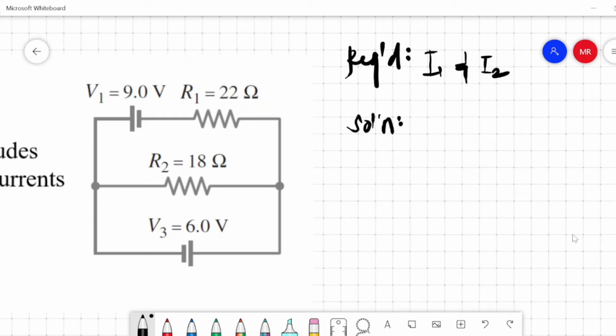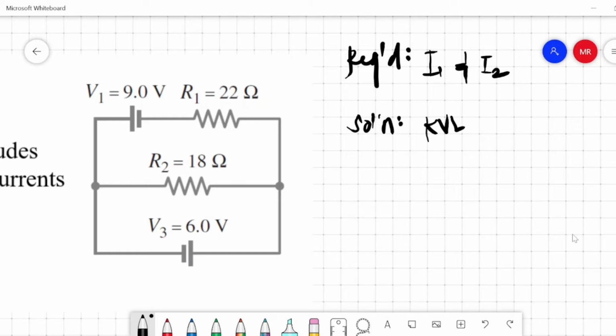Before we solve this problem, we first need to assign the positive and the negative terminals for this circuit. So we need to use Kirchhoff's voltage law for this given circuit. We are being asked to find the current going across R1 and R2, so that's I1 and I2.